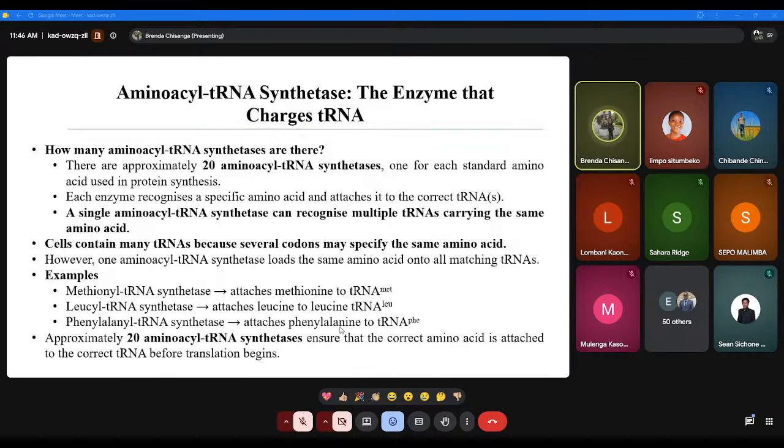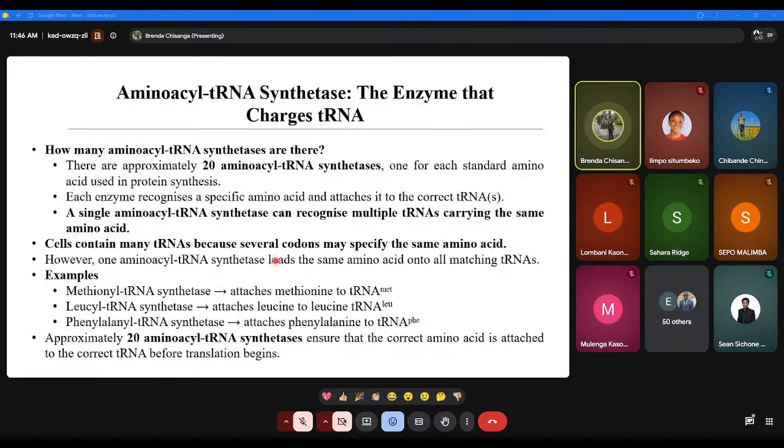So we should have approximately 20 amino acid tRNA synthetases based on what? The fact that we have 20 amino acids and each one has to be selected and brought to the tRNA. Then finally this tRNA can be charged and taken into the ribosome to base pair with its exact codon, forming that anticodon-codon relationship.